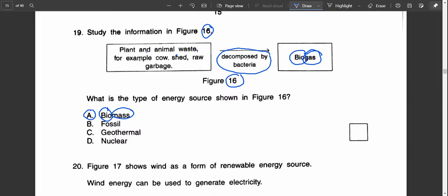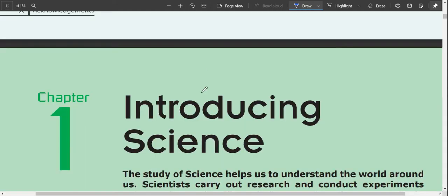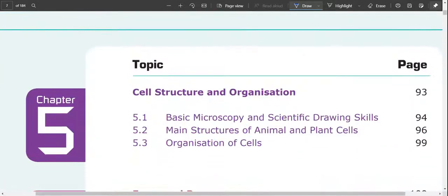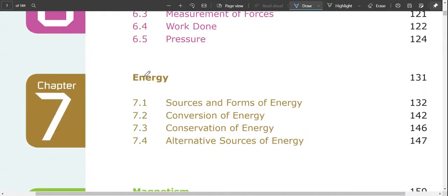So you have to refer back to energy, chapter 7 if I'm not wrong, and you will learn that there are different kinds of energy. So let's have a look in your textbook for a moment. Let's go for chapter 7 energy, and let's go to the page on alternative sources of energy.